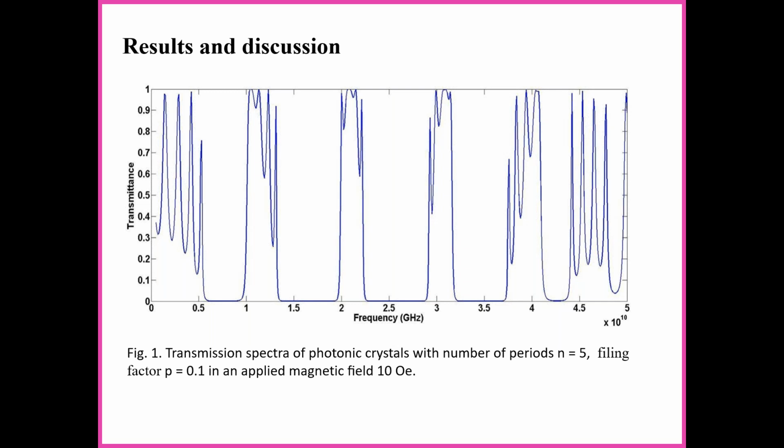When we analyze this spectrum, there are some 5 photonic band gaps. From the frequency range 0.5 to around 0.9 gigahertz, we have a band. Then from 1.3 to 2, we have another band. Like this, we have 5 bands for fill factor equal to 0.1.